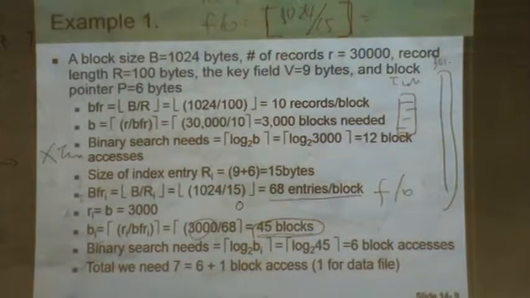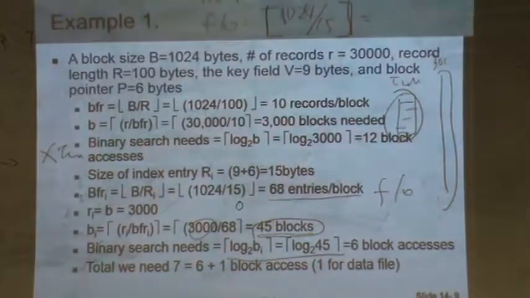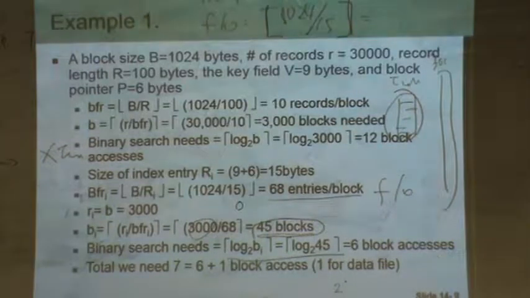3000. So first we need to search the index using binary search, that is the logarithm of 45 base 2, that is 5 point something. It's 2 to the power of 5, 2 to the power of 6, 8 times 8, 64.